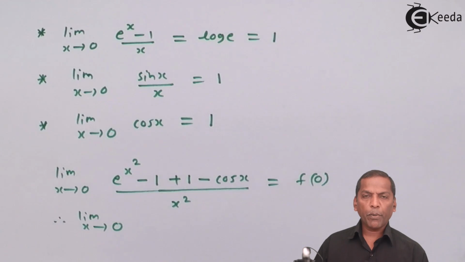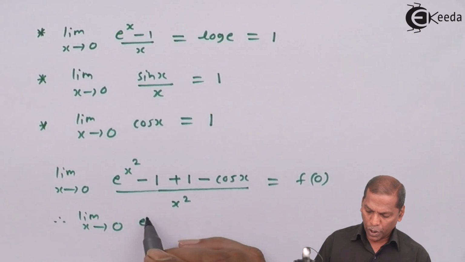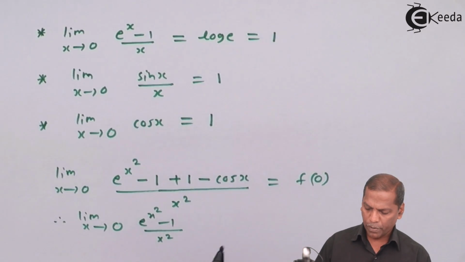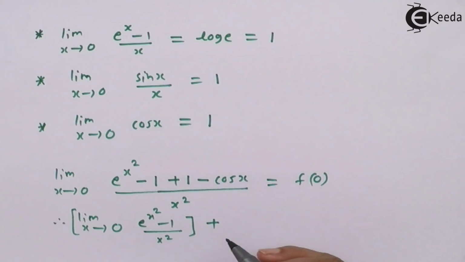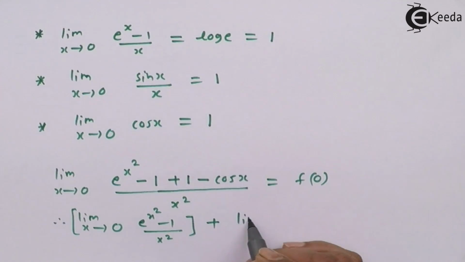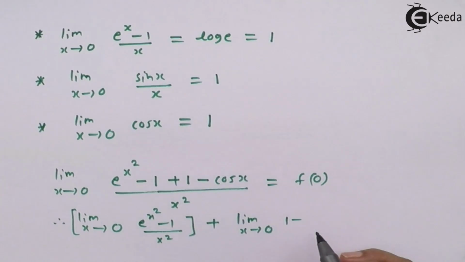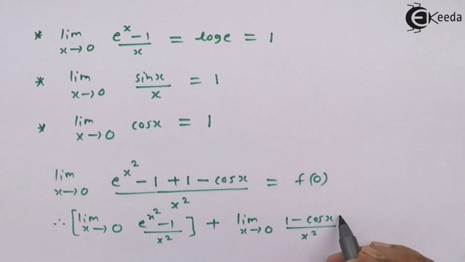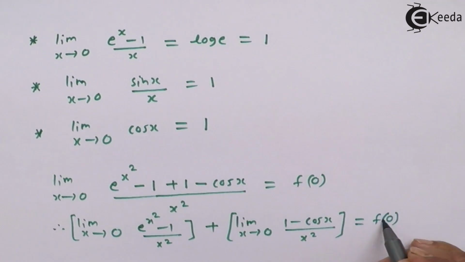Now here the given limit we have to separate into two limits. The first one is limit x tends to 0, (e raised x square minus 1) divided by x square, bracket complete, and plus the second limit is limit x tends to 0, (1 minus cos x) upon x square, and that equal to f of 0.